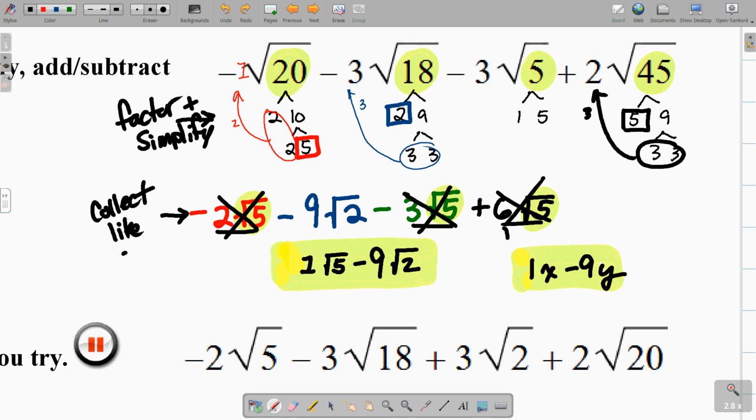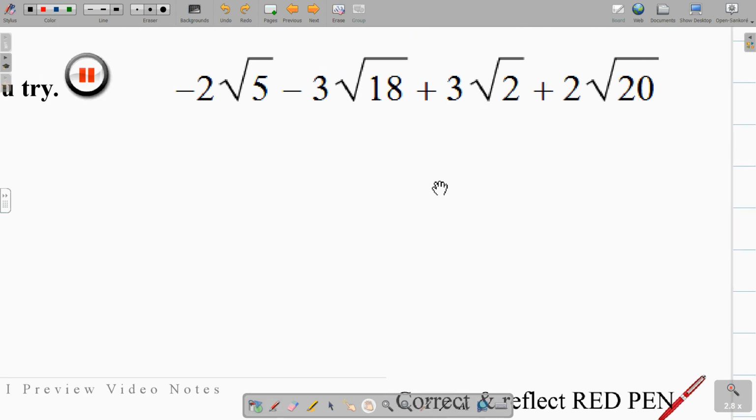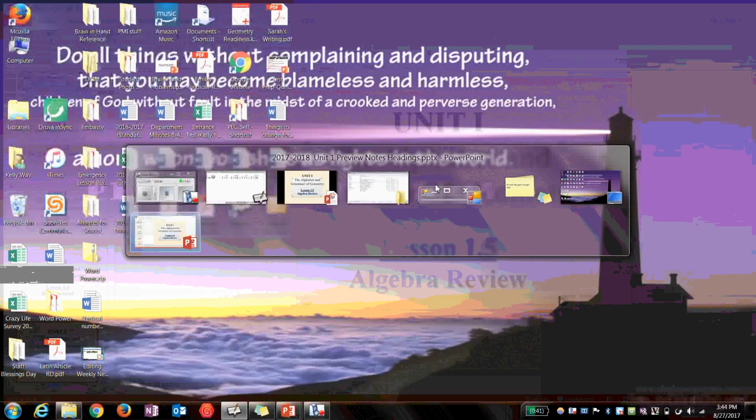That's 2 and 9, 3 and 3. That 3 can come out. Little baby 3 there. And that's going to become minus 9 root 2. 1 and 2, can't do anything with that. So this is going to be plus 3 root 2.